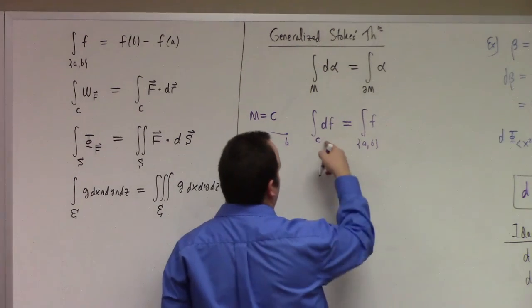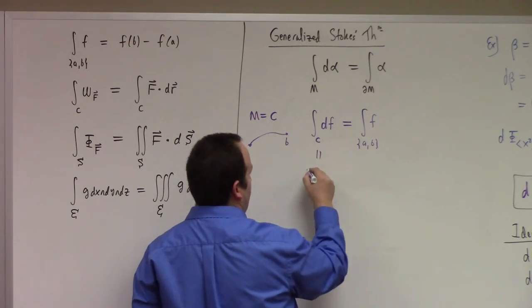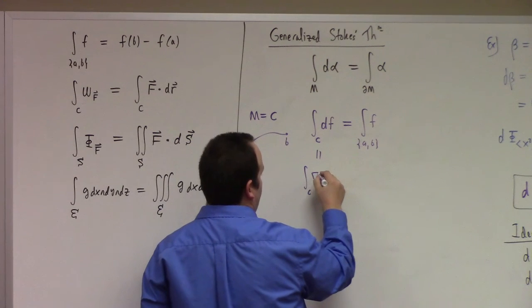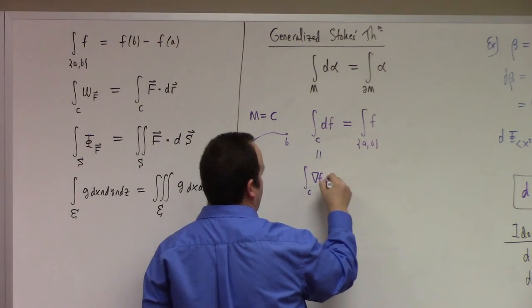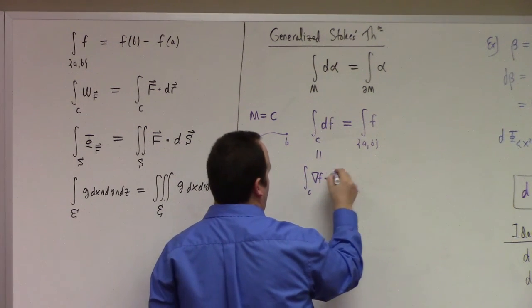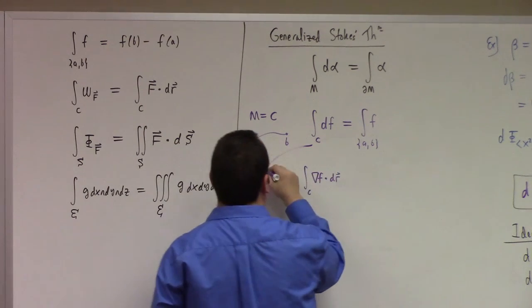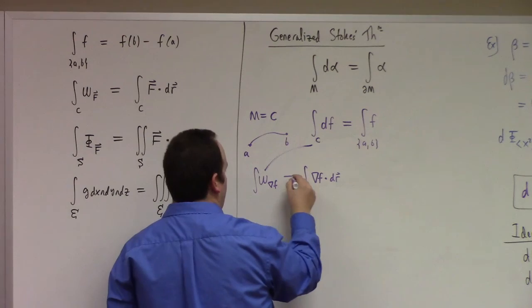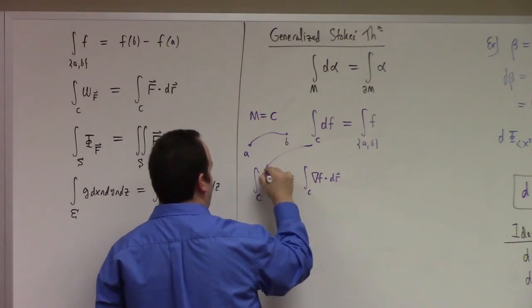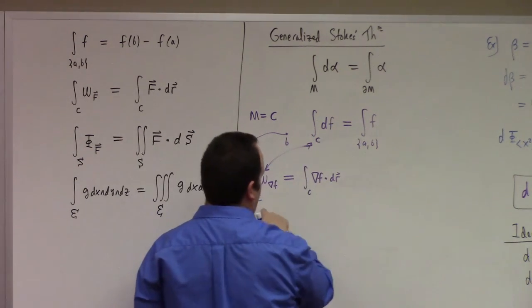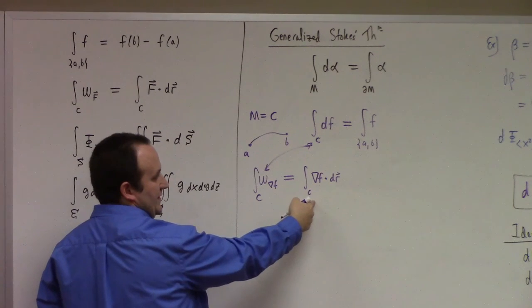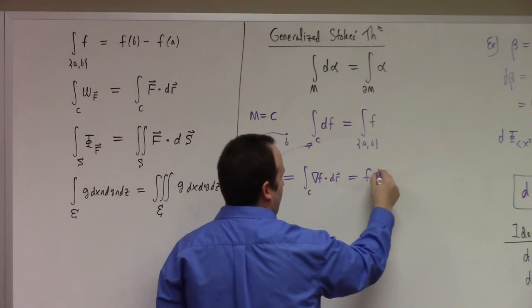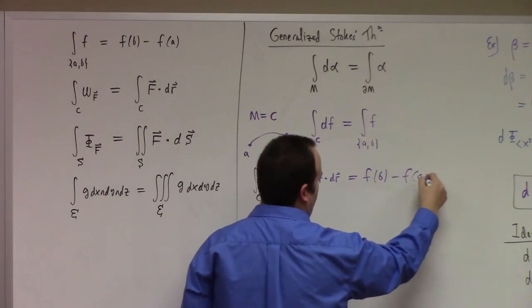Right? So on the other hand, this is nothing more than the integral over the curve of the gradient of f dot dr, because, sorry, this is the integral of the work form of the gradient over the curve, right? Which is then the line integral, but on the other hand, it's equal to f of b minus f of a.